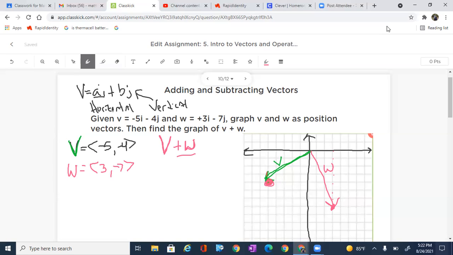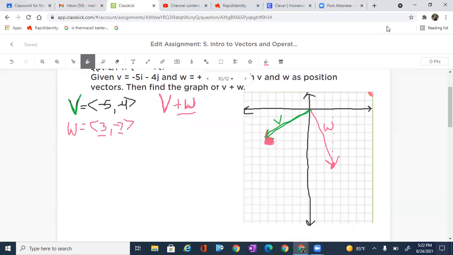I'm going to go to the terminal point of v, and I'm just simply going to say, well, I know that w is made up of a right 3 component and a down 7 component. And so that's what I'm going to do. I'm going to say 1, 2, 3 and down 7. 1, 2, 3, 4, 5, 6, and 7. And this is now where w is.